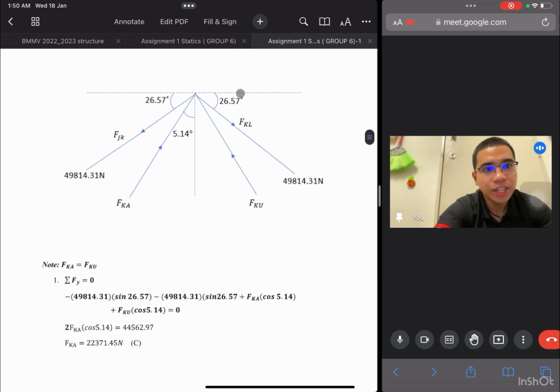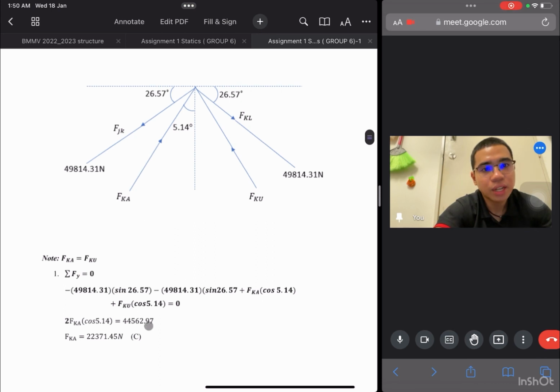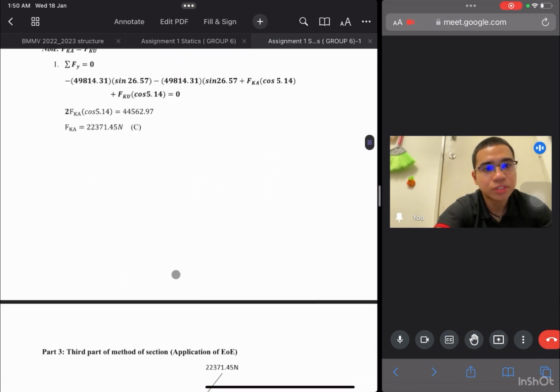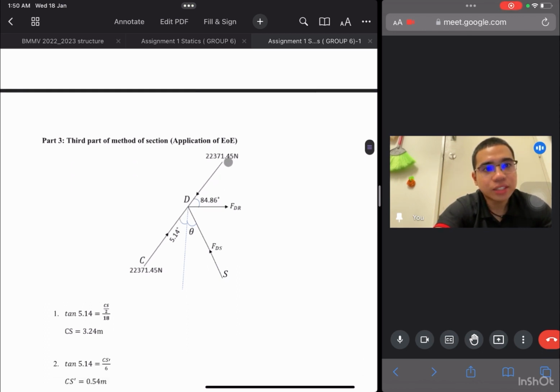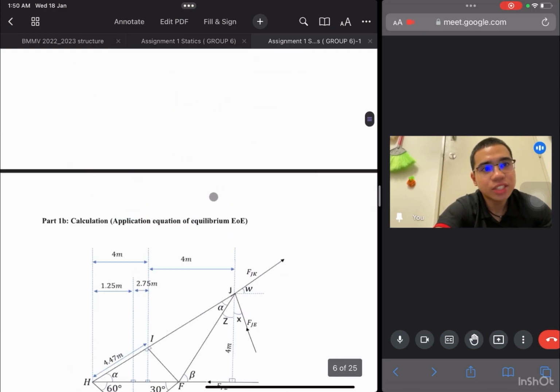So I can see that FKA and FKU actually will have the same magnitude and the force is actually compression force. Then this is the line for F from K to A. So this is only one section. This section is from here.